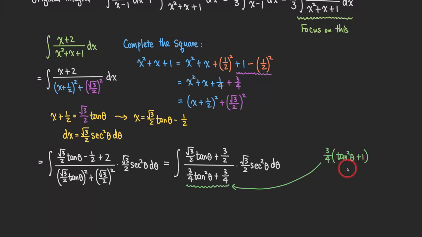And what is tangent square theta plus 1? It's secant square theta. So you're actually just going to get 3 over 4 secant square theta. And do you see that 3 over 4 secant square theta is supposed to be here? So you can actually cancel the secant square theta together, right?